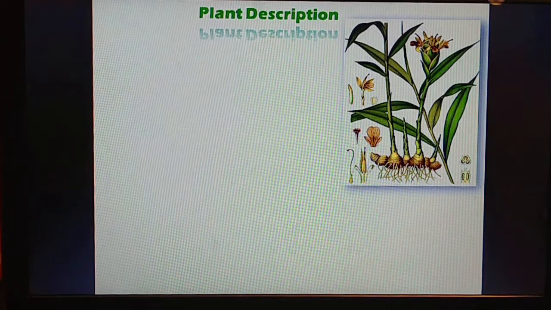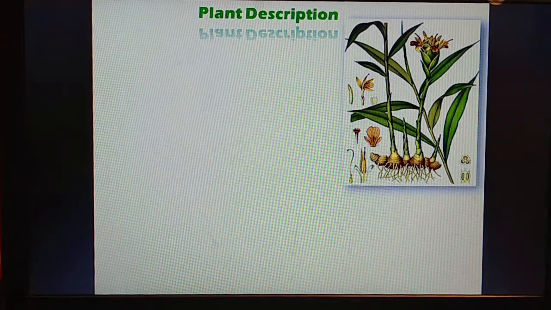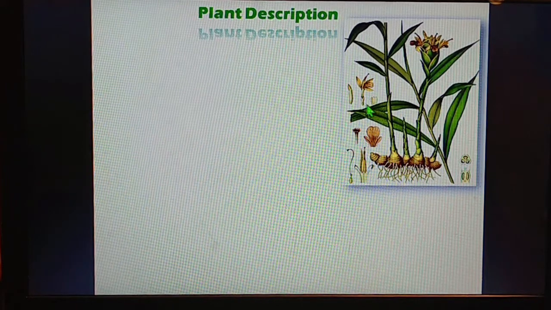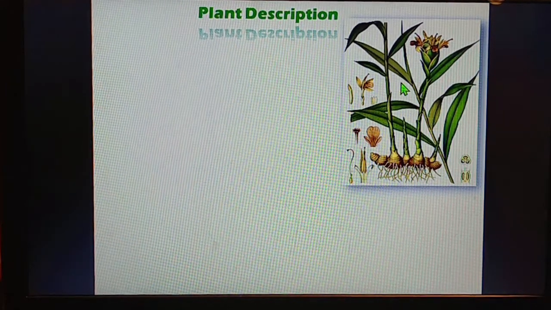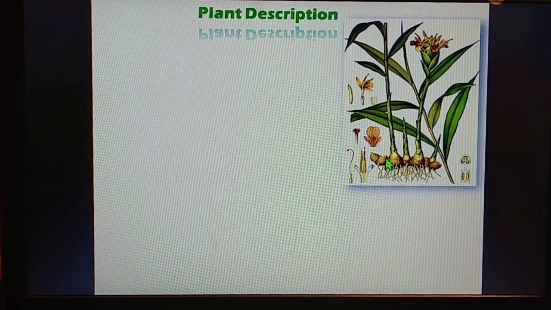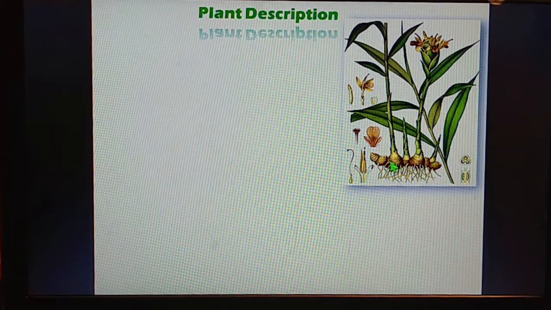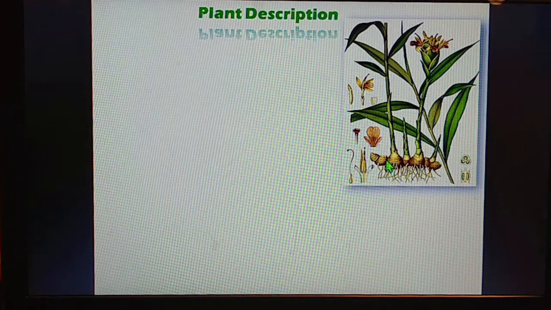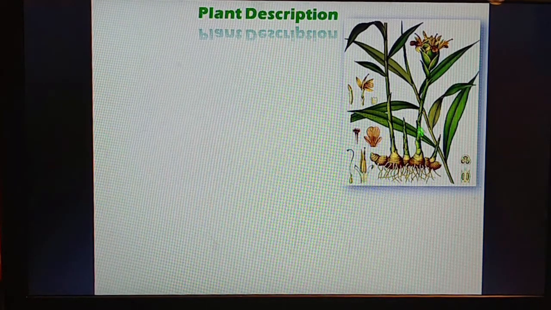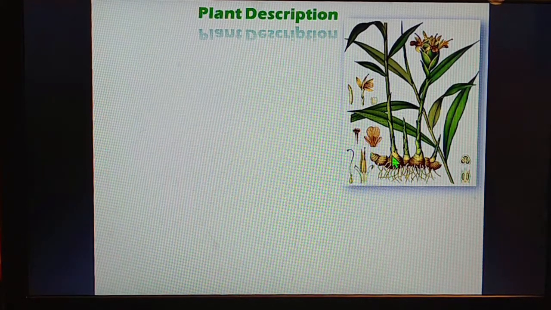These ginger plants are perennial, erect and aromatic herbs with an underground rhizome. These are the rhizomes of ginger, and they also have aerial stems, as you can see in this figure, of about 75 centimeters in height.